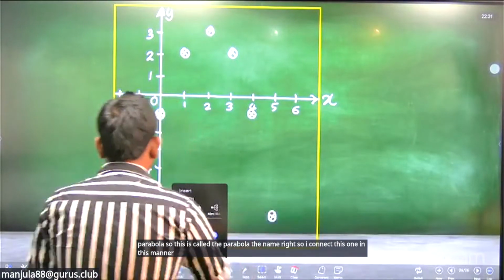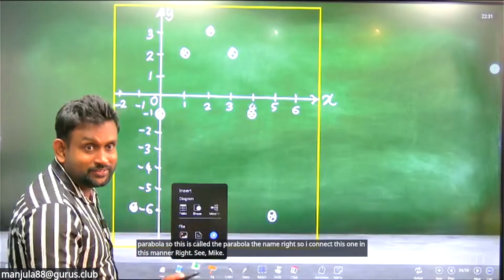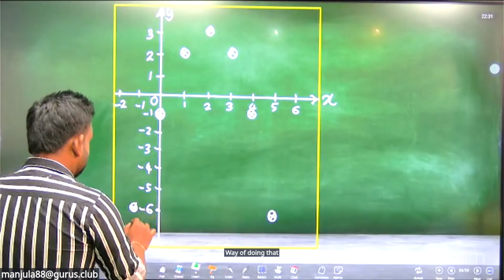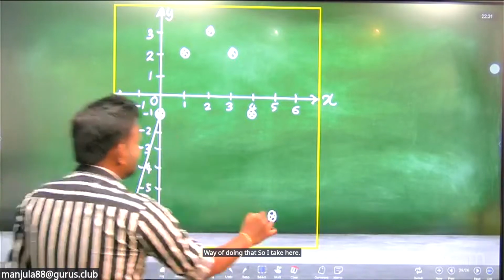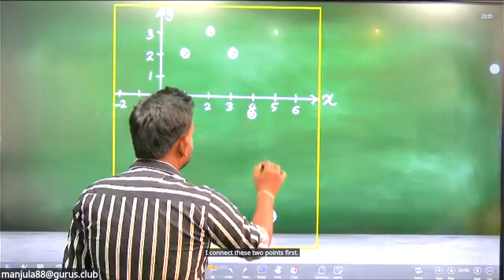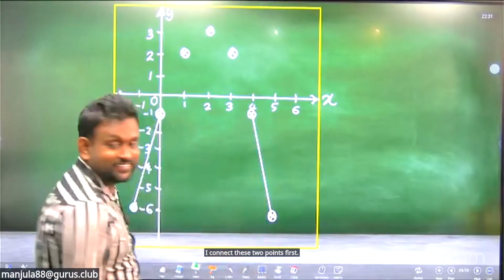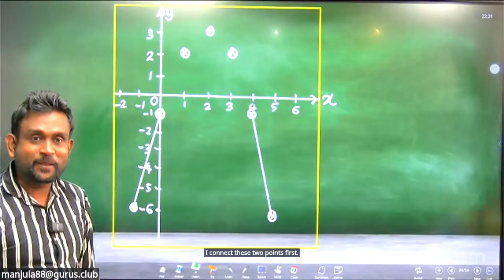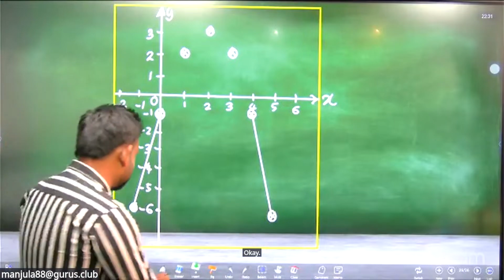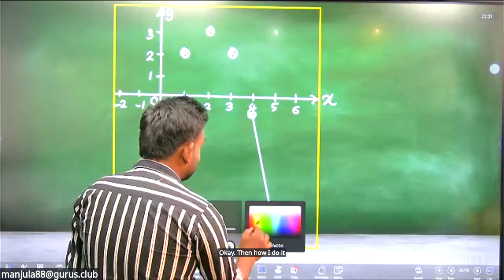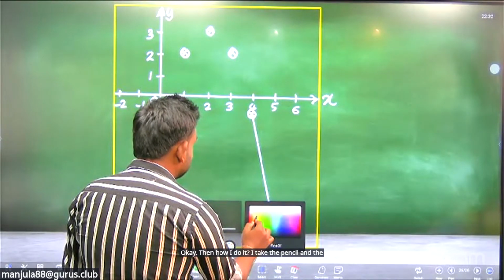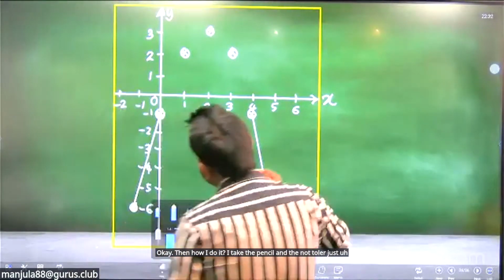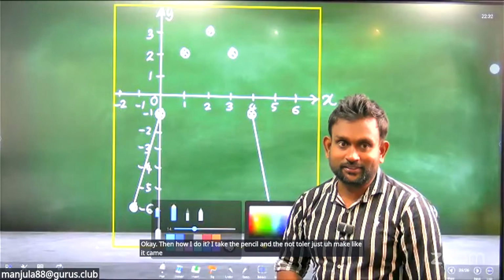See my way of doing it now. I take here, I connect these 2 points first. Then how do I do it? I take the pencil, not a ruler, and just draw with a smooth hand.